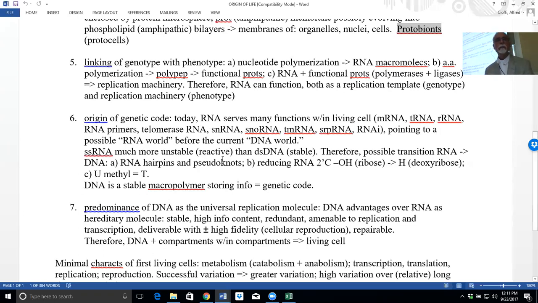Just a big picture. What I'm saying here in step 6, I'm sorry, I was in 5, is to link the genotype with the phenotype. In other words, a macromolecule that has a chain can store information.